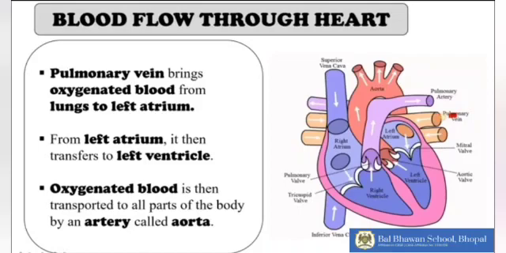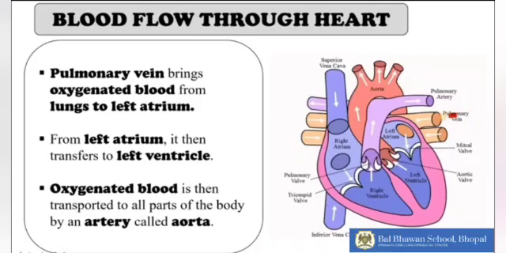It will reach the left auricle. From the left auricle, it will reach the left ventricle. And from the left ventricle, it will reach to aorta. This aorta is going to transport this oxygenated blood or pure blood, or you can say the blood that is rich in oxygen, to each and every cell of the body. So you have seen how the left side is working and how the right side is working. All these are taking place at the same time.